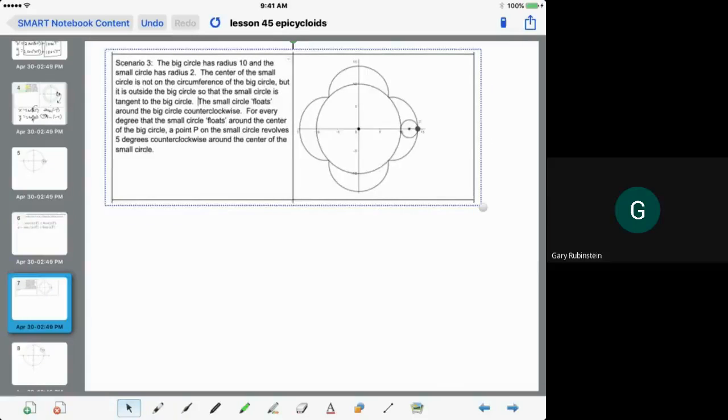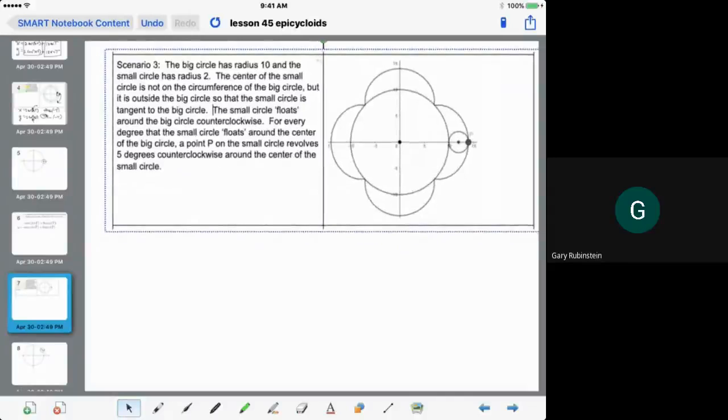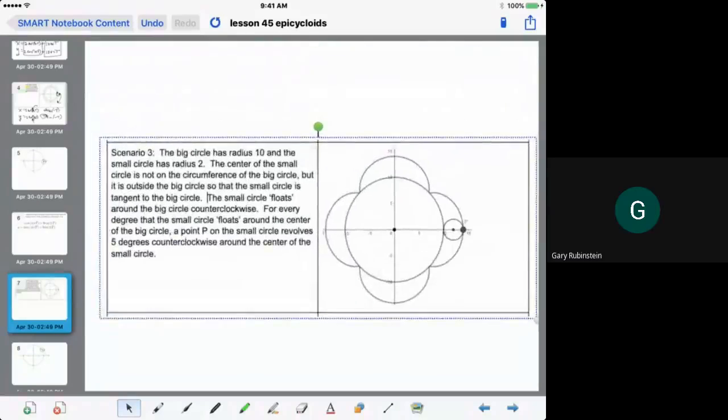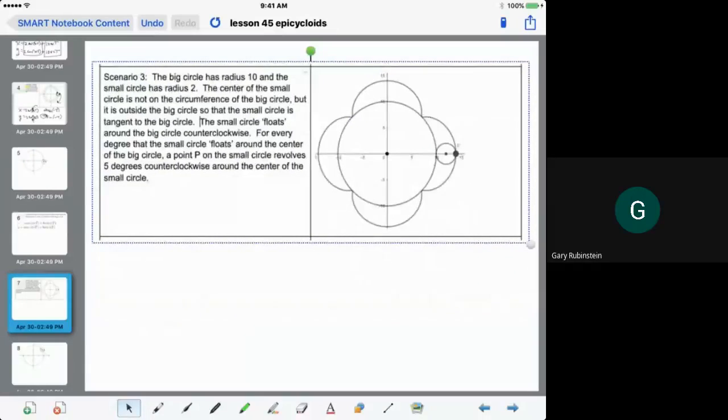Scenario number 3 is not yet the epicycle question, because this is still a floating circle situation. See, it still says floating.